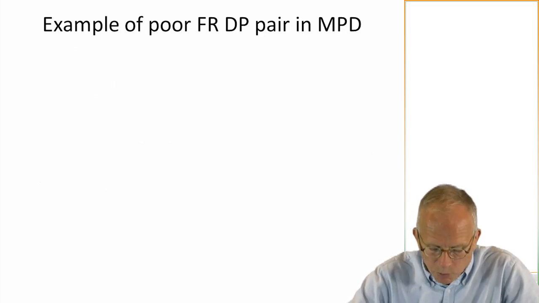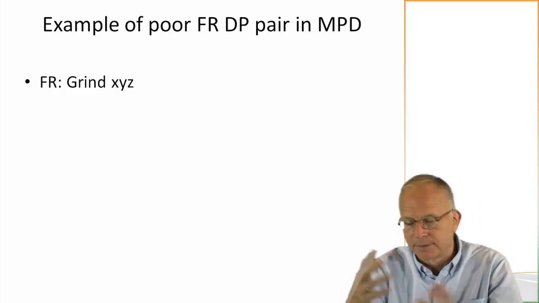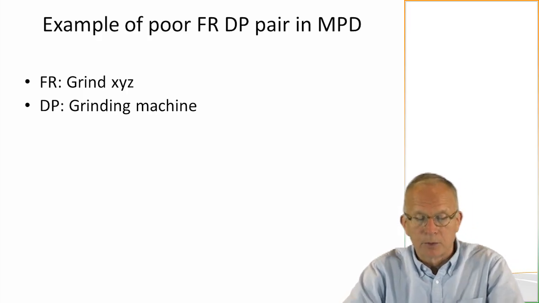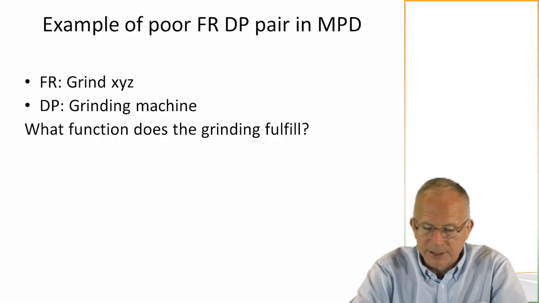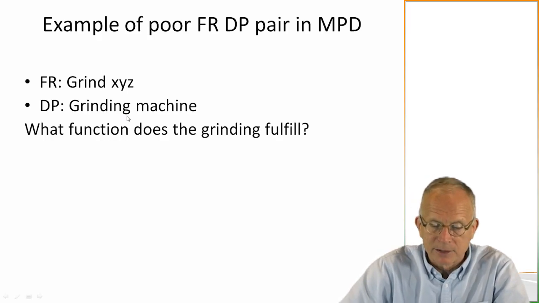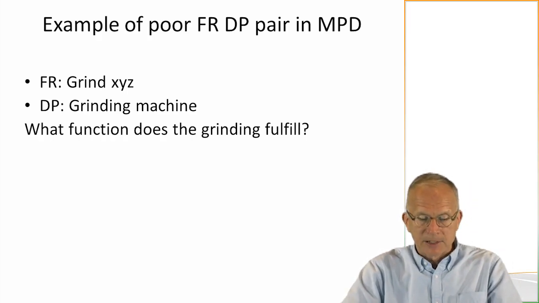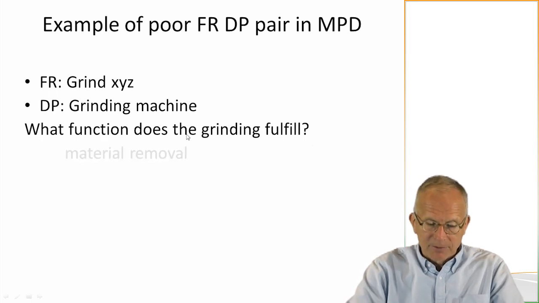Here's an example of a poor FR-DP pair. Grind XYZ, some part or some surface, and then grinding machine. There are a number of reasons why that's not very good, and it certainly is not very illuminating. I'm going to grind this, I'll use a grinding machine, so I haven't really said anything interesting there. So we might ask, what function does the grinding fulfill?